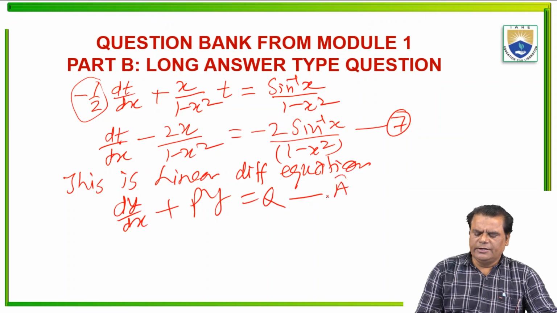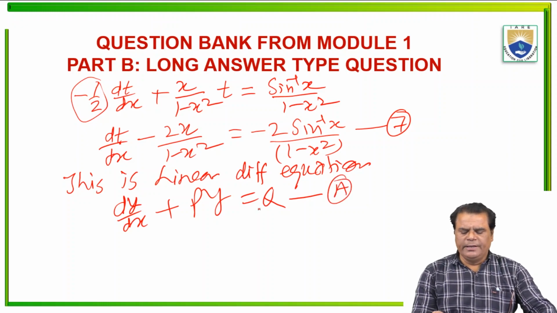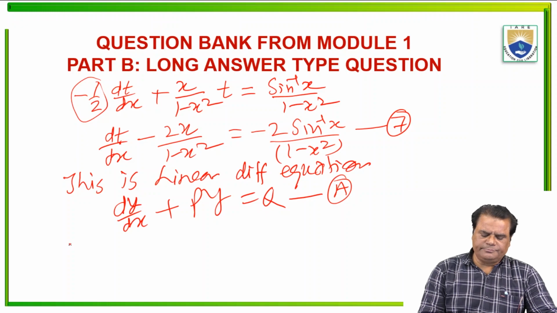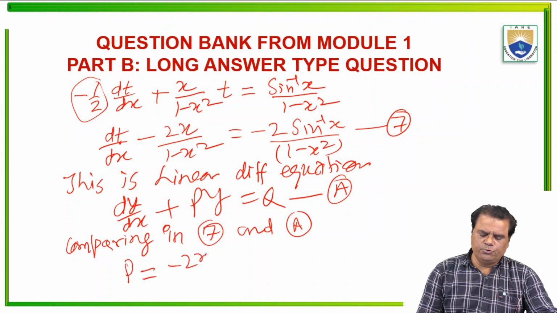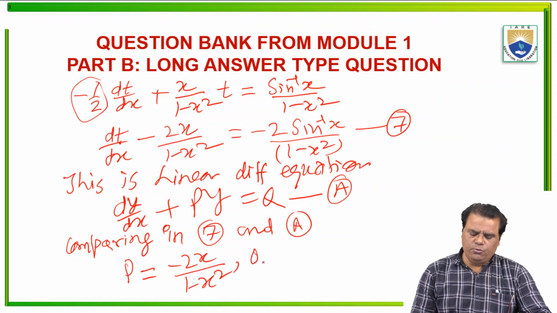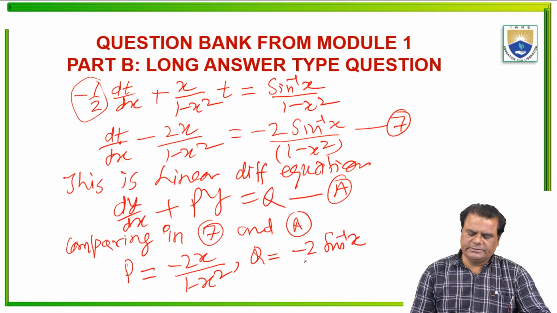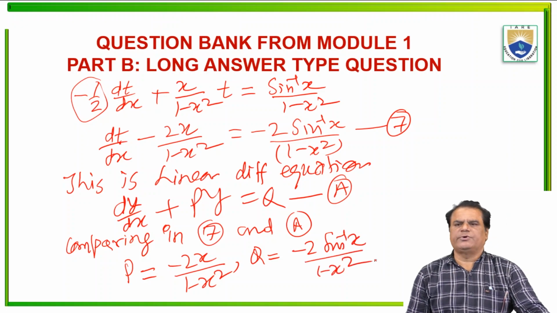This is the general linear equation, equation 8. Comparing 7 and 8, we get P, P is minus 2x upon 1 minus x square, and Q, Q is minus 2 sine inverse x upon 1 minus x square.